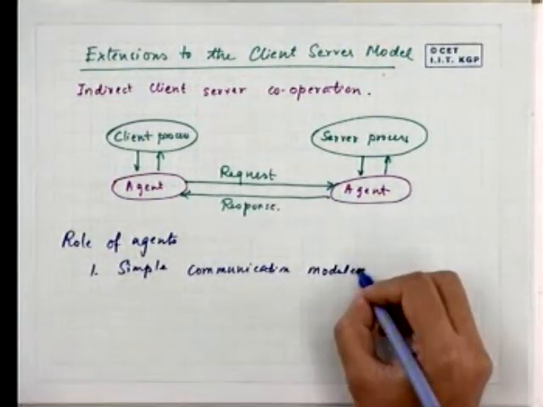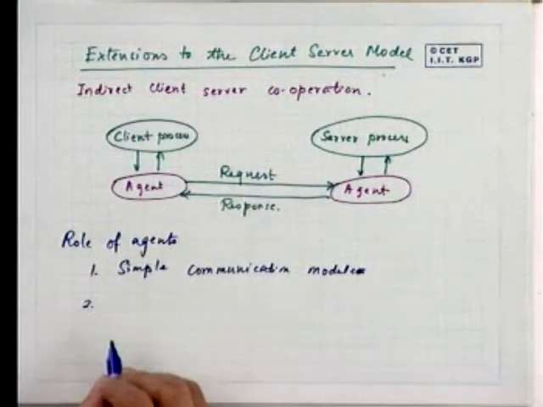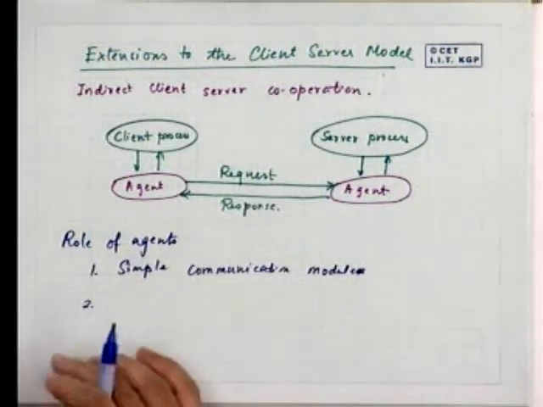The advantage of using agents here is that they hide the communication network details from the client or the server. Or agents can act in a more complex role as a mediator between the client and server.